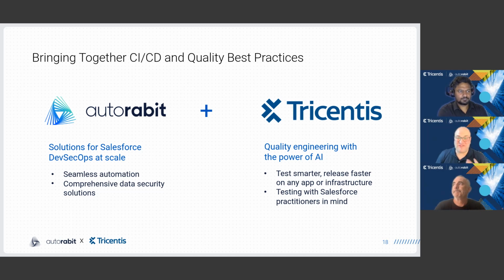You can release faster as part of your Salesforce solutions. And the solutions were built with these steps with Salesforce in mind, as Ian showed you earlier. You saw those steps that are part of common Salesforce test flows. And really the combination of these two is what makes it so whenever you do an update to your application, you have both of these components coming together to automate and ensure that everything that's needed as part of your release happens.